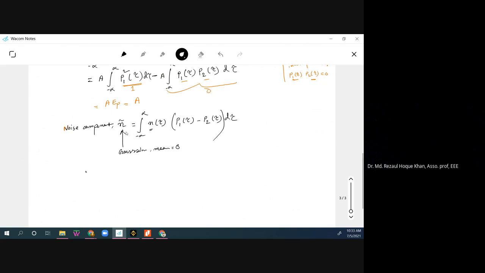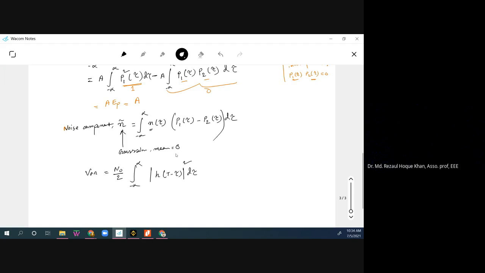So what should be the variance? The variance of this signal is N0 by 2 times the integral from minus infinity to plus infinity of the square of the filter response h(t minus tau) d tau.